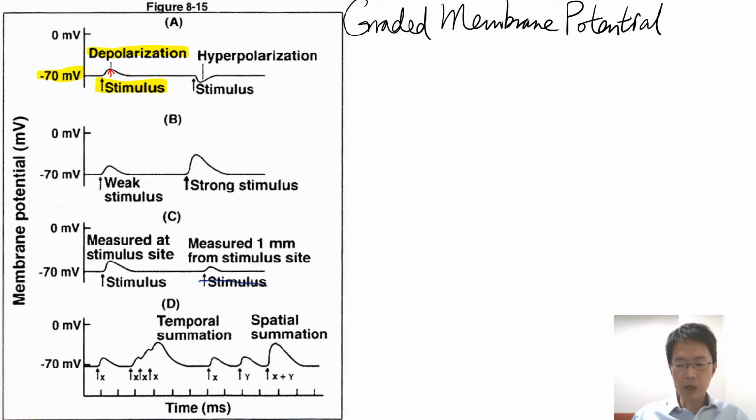What about hyperpolarization? Remember the definition of hyperpolarization we talked about in the previous slide? Hyperpolarization is basically a decrease of the membrane potential from the resting membrane potential. So it is here.